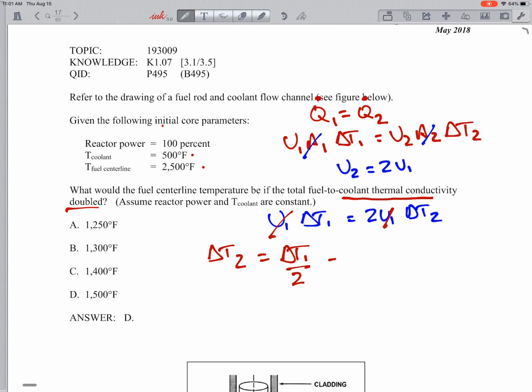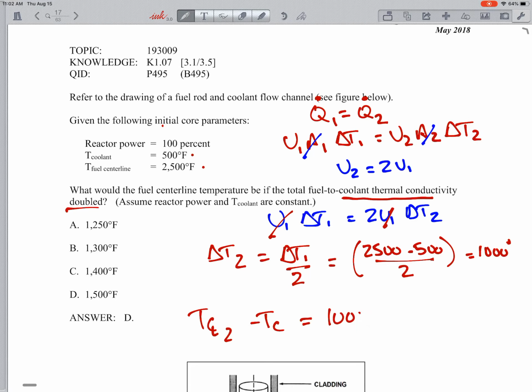Okay. And that is going to be equal to 2500 degrees minus 500 degrees divided by 2. And that's going to be equal to 1000 degrees. So temperature center line 2 minus temperature of the coolant is going to be equal to 1000 degrees.